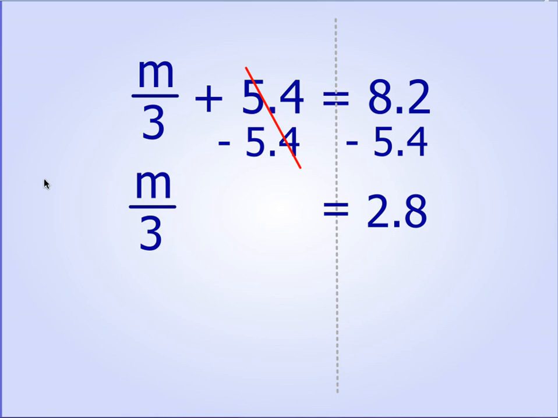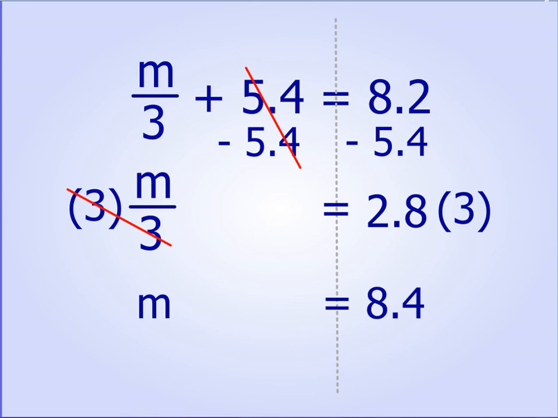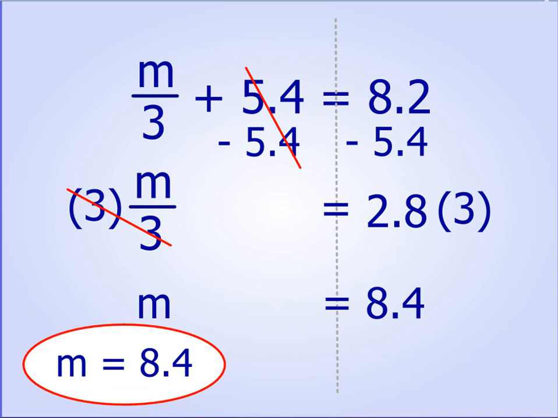And what's the opposite of divide by 3? Wouldn't that be multiply by 3 on both sides? Sure, that's still going to eliminate my 3's so that m is isolated or by itself, and 2.8 times 3 is 8.4. m equals 8.4 is our solution.